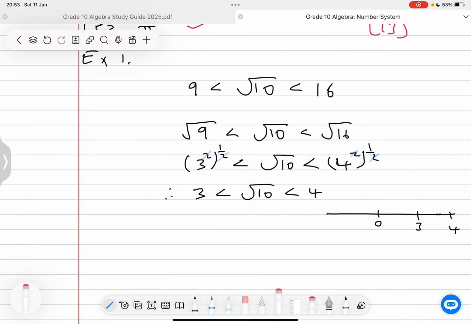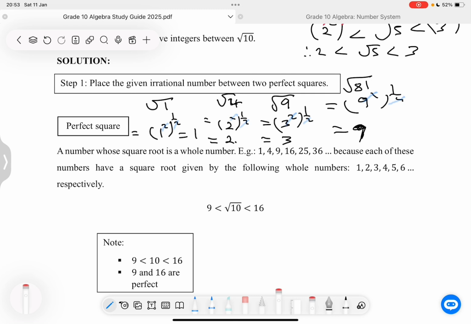The root of 10 would be a number somewhere here, between 3 and 4. Let me write properly here. This pen is failing me. So the root of 10 would be a number somewhere here. Then we have an estimate of how this number looks.